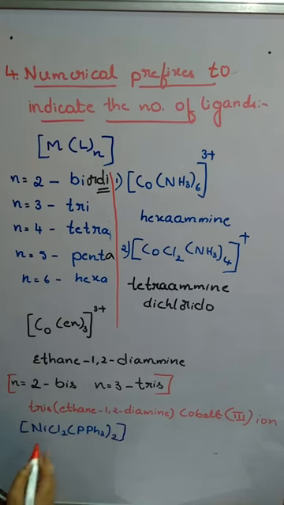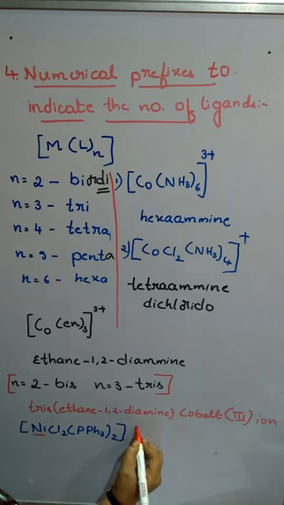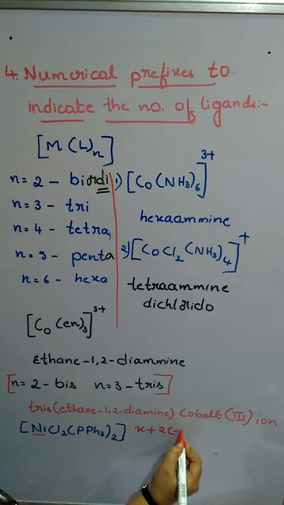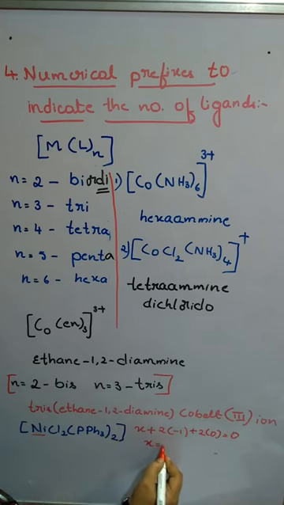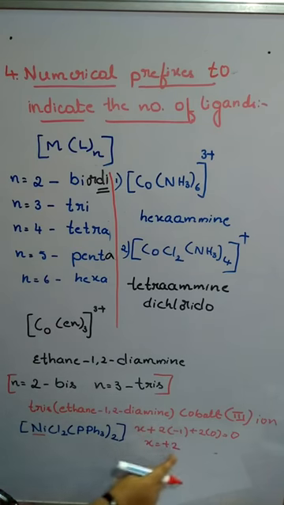So you need to calculate the oxidation state of nickel: X plus 2, each chloride with a charge of -1, and the neutral ligand contributes 0, equals 0. So X is equal to +2. The charge on the central metal is +2.